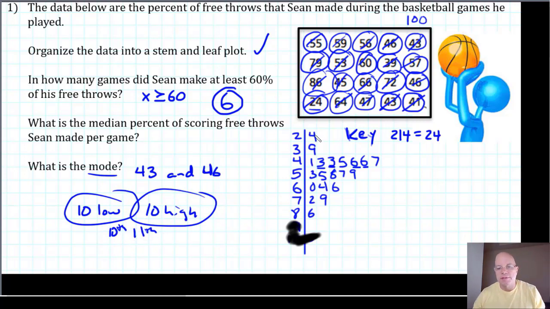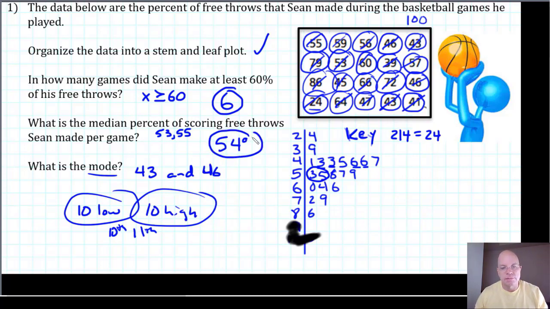And so if I count the 10th, starting from the lowest, 1, 2, 3, 4, 5, 6, 7, 8, 9, 10. 53 is the 10th, and 55 is the 11th. So if 53 and 55 are in the middle, the mean of those two, or the number directly in the middle of those two, the midpoint would be 54. So that will be the median of this data set.